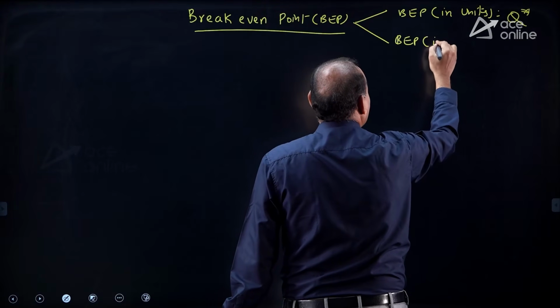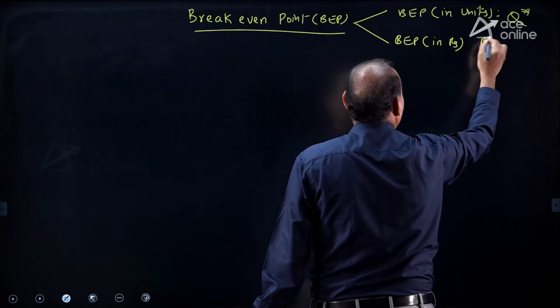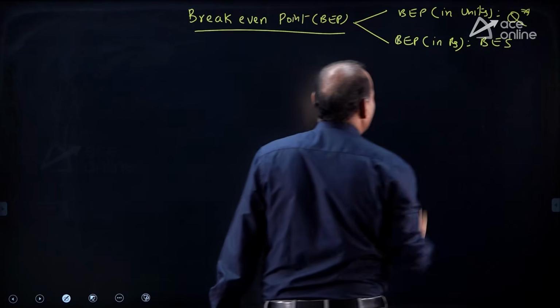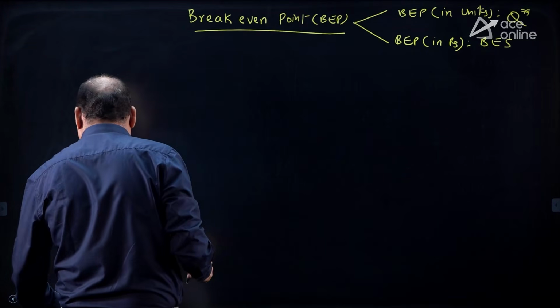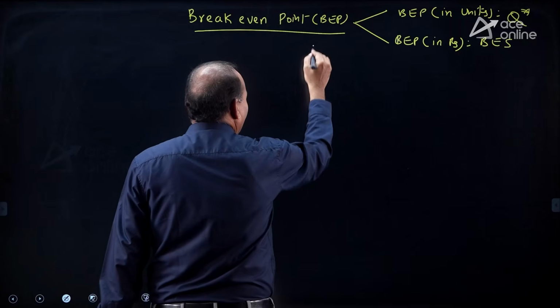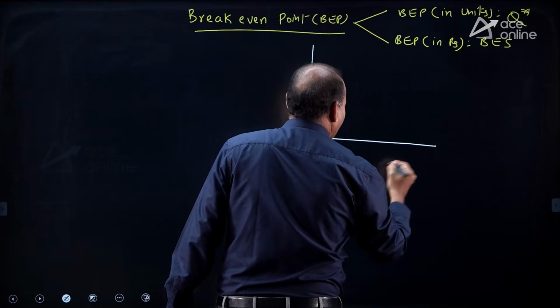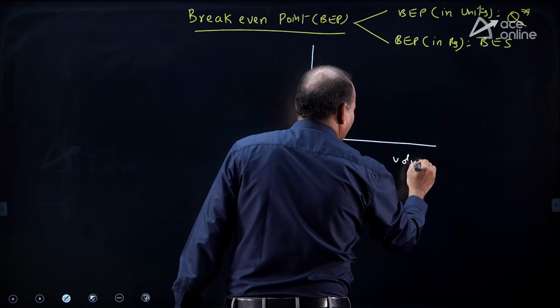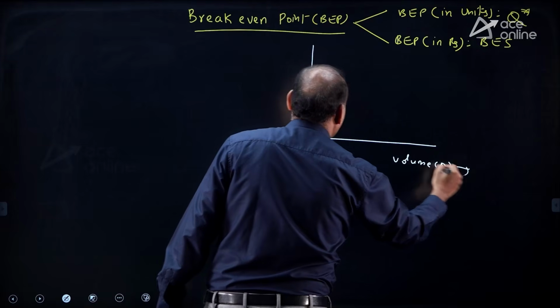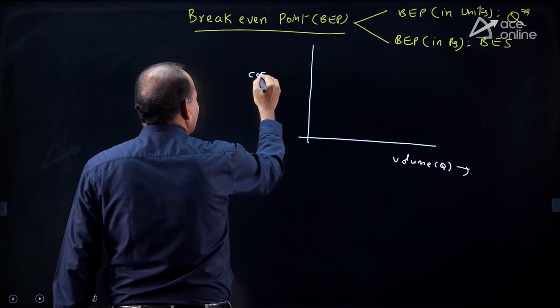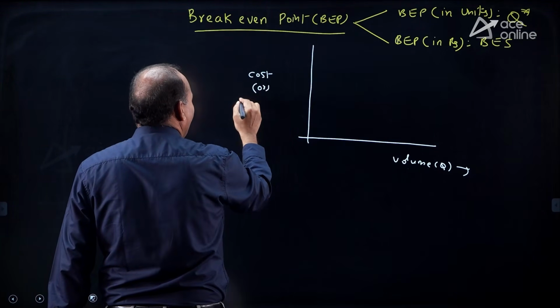BEP in rupees is break-even sales, BS refers to break-even sales. Then how about the diagram? The diagram is in the form of volume, and this is cost or revenue.